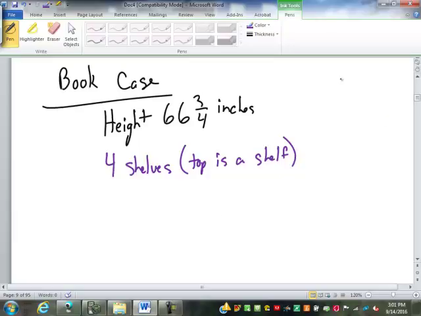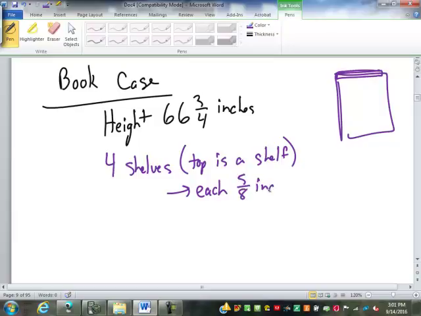So if you're looking at a bookcase, that top piece counts as one of the 4 shelves. Each shelf is 5/8 of an inch thick.